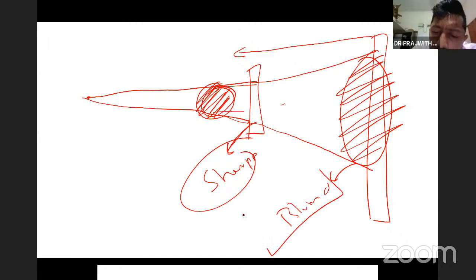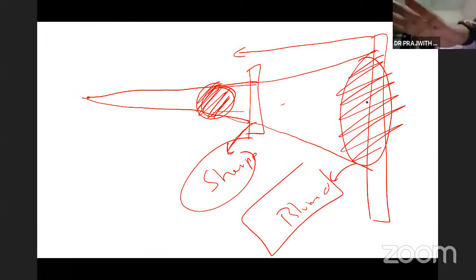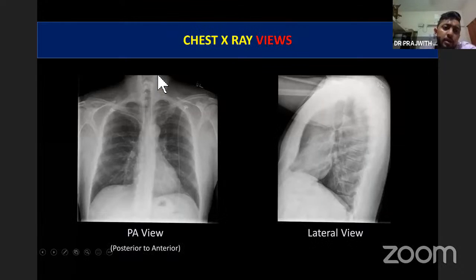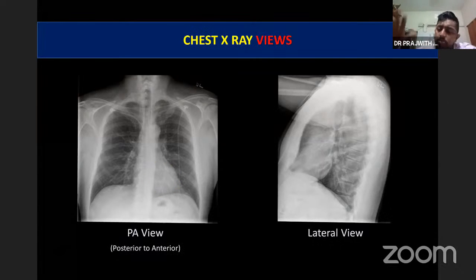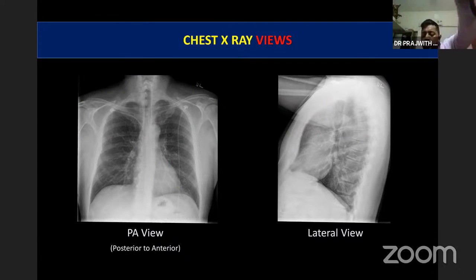I always give an example. Keep your hand on the table, with the light source coming from the top. Now as I move my hand away from the table, you see the shadow that is formed on the table becomes bigger and bigger, and it becomes more blurred.